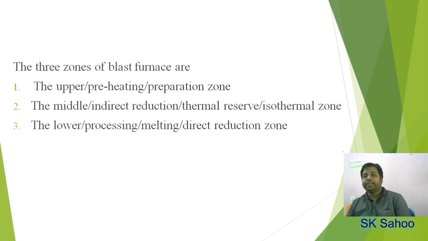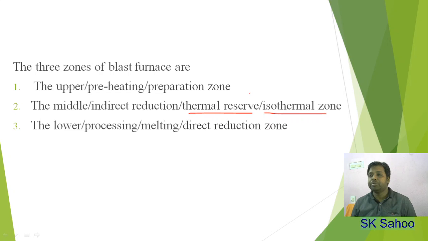As per the height, the blast furnace can be divided into 3 zones. One is your upper zone, or the preheating zone, or the preparation zone, where the temperature is low. After that comes the middle zone, that is the indirect reduction zone, or the thermal reserve zone, or the isothermal zone.